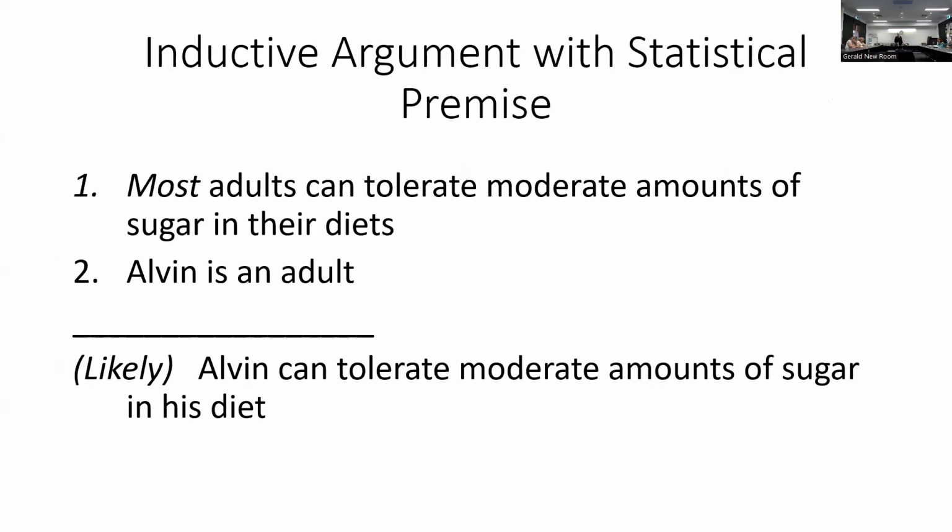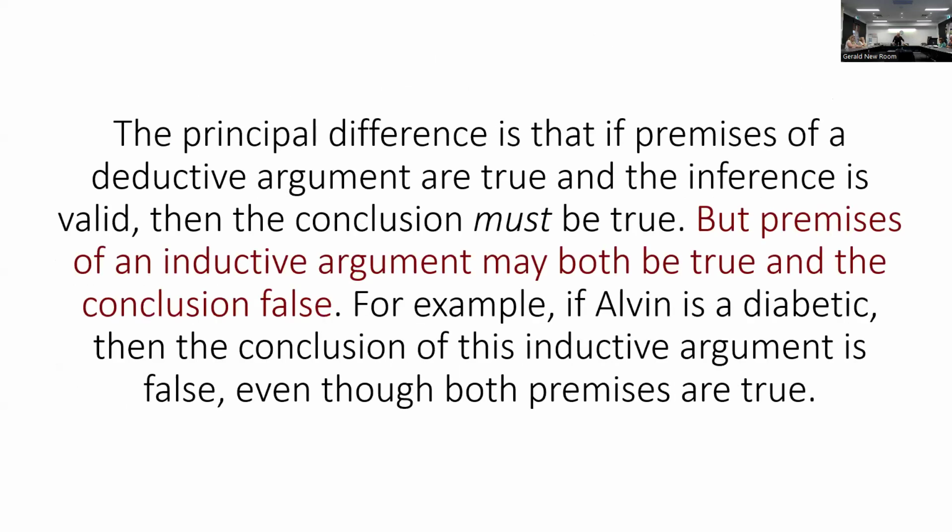Well, now look at this. Most adults can tolerate a moderate amount of sugar in their diet. Alvin is an adult. Likely Alvin can tolerate a moderate amount of sugar in his diet. This is the problem with "most", because it's just likely he can tolerate it. What if he's a diabetic?